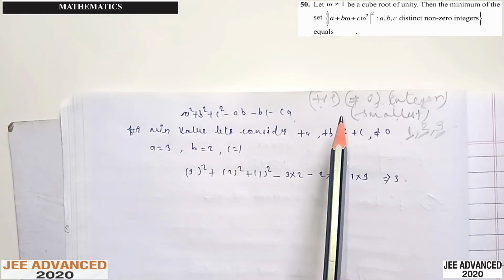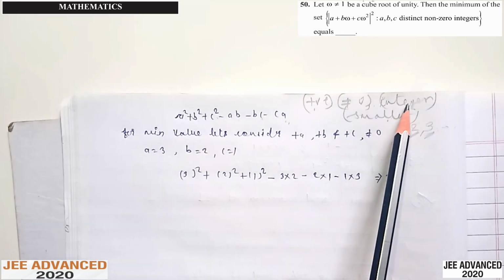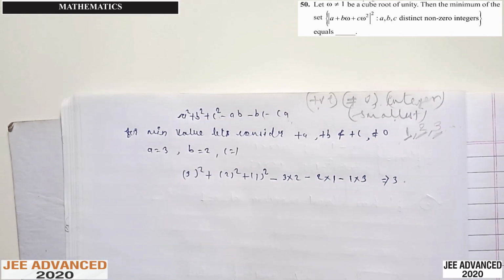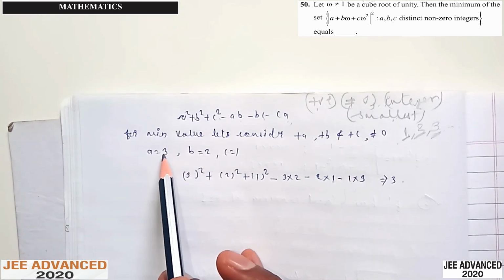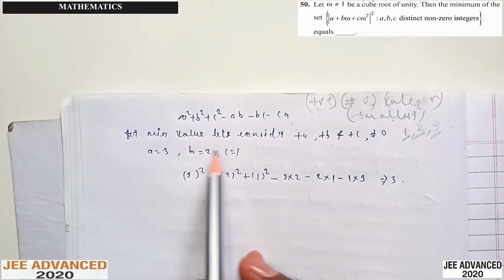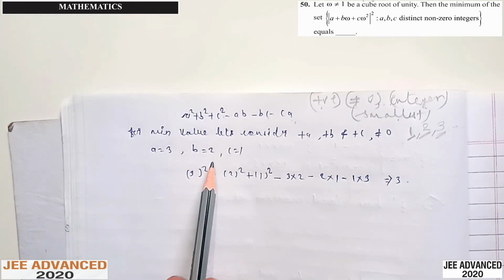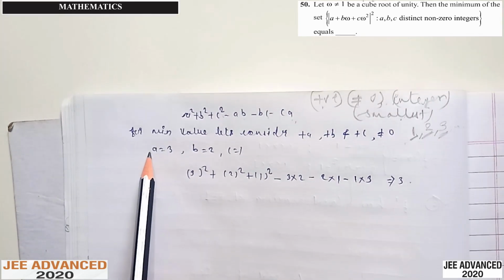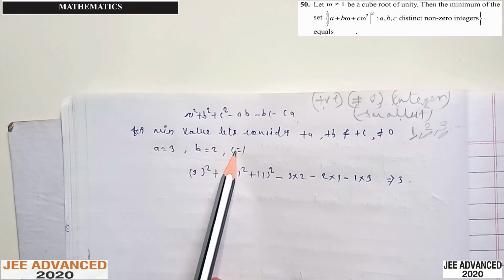Because we want a non-zero positive smallest integer. It is not a fractional or any other number. The only possible smallest distinct numbers are 1, 2, 3, only 3 numbers. That's why I selected these 3 numbers. It is not given in the question, but the condition is given that it can be applicable for these numbers. So a is 3, b is 2, c is 1 I consider here.